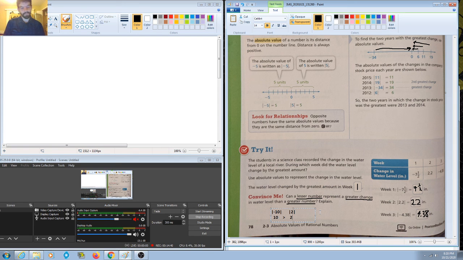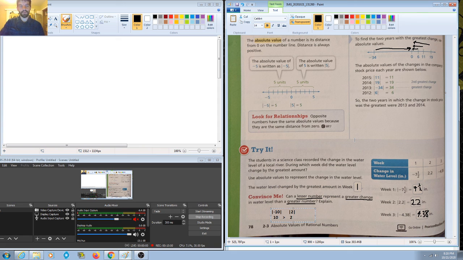So although negative 10 is less than 2, their absolute values change the dynamic of the situation, where the change is greater in 10 than 2. Okay? Alright, I'm going to stop there for ending part 1.